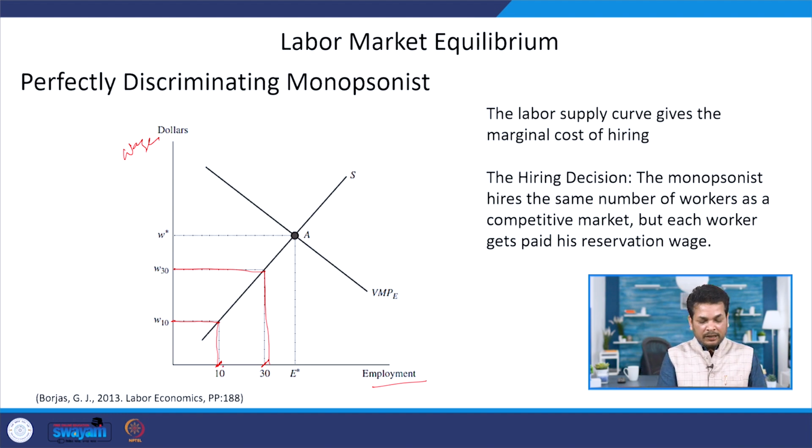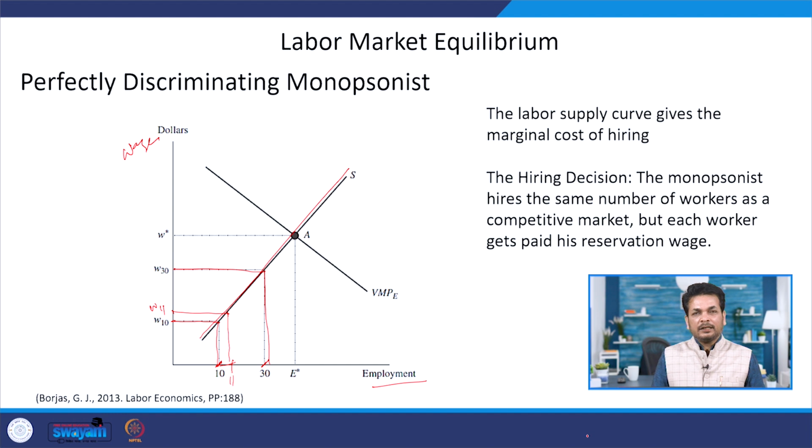When it adds the 11th worker, it is going to pay the wage rate W11, that is the reservation wage of the 11th worker. By doing so, the supply curve of the monopsonist firm is upward sloping. So, the firm is hiring the workers at their marginal cost.